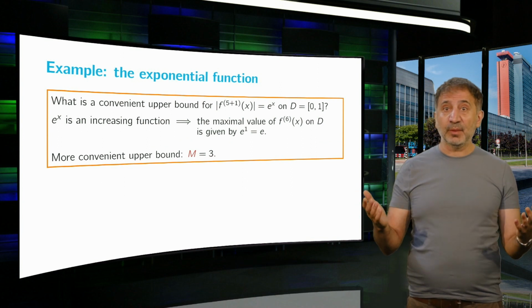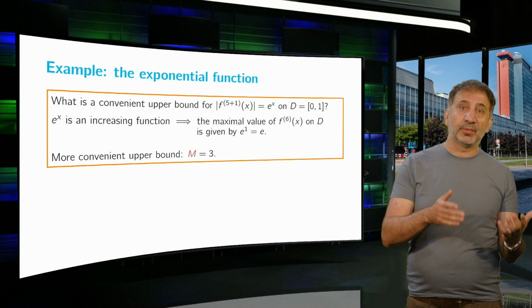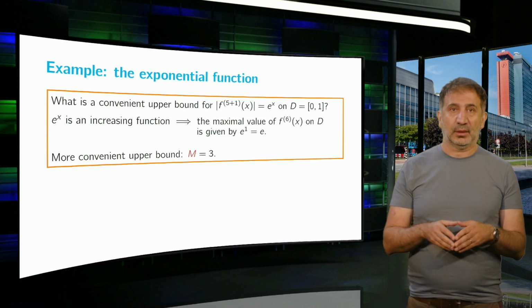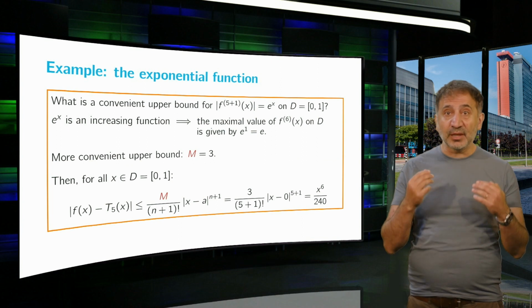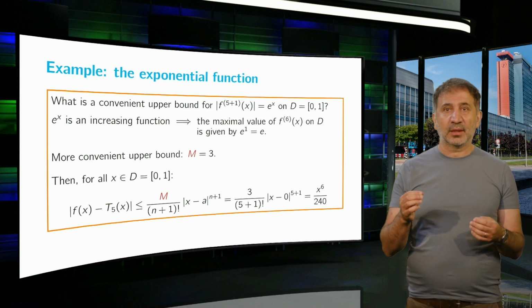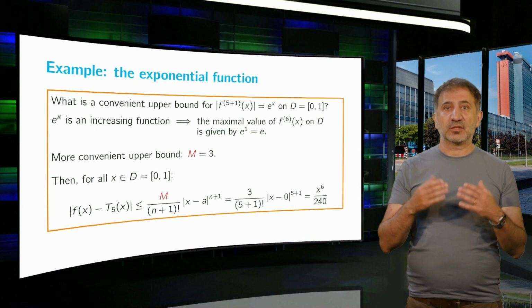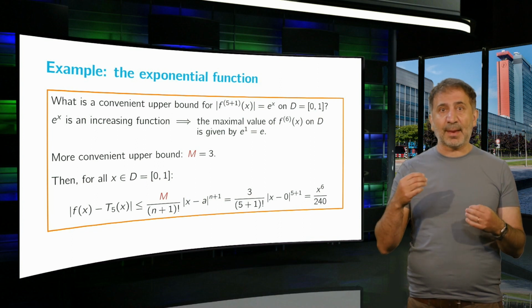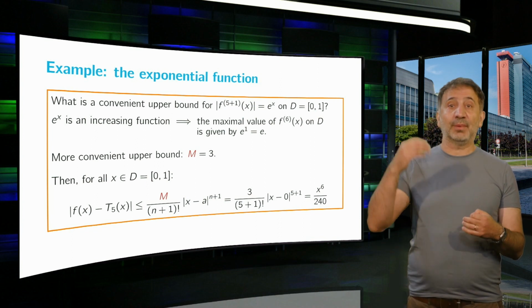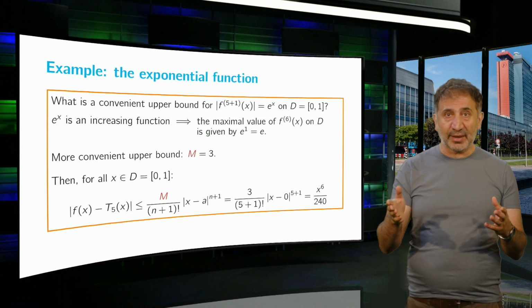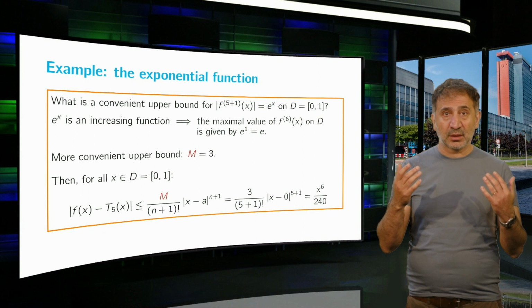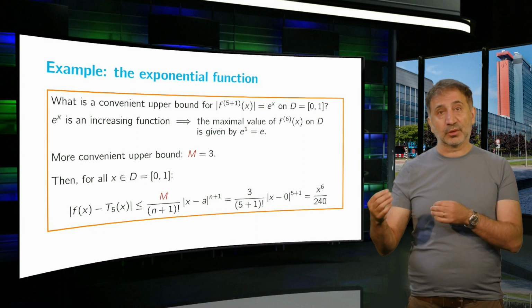Then M is still an upper bound and an easy number to work with. In this context, Taylor's inequality tells us that the approximation error for any number x in the interval 0, 1 is bounded by 3 times the absolute value of x to the power 6 divided by 6 factorial. Simplifying this gives x to the power 6 divided by 240.